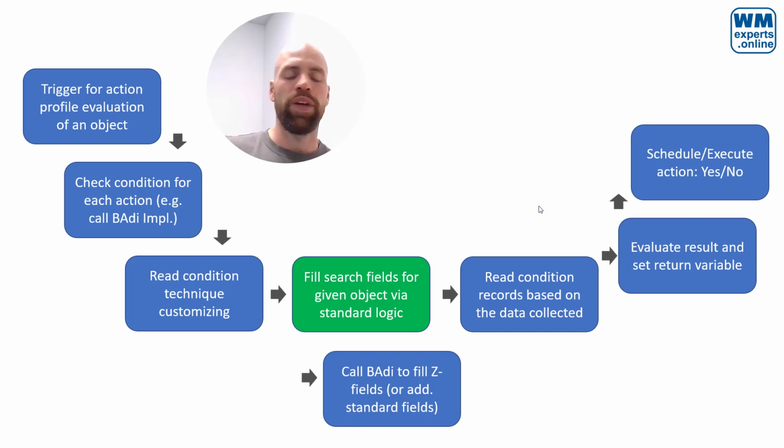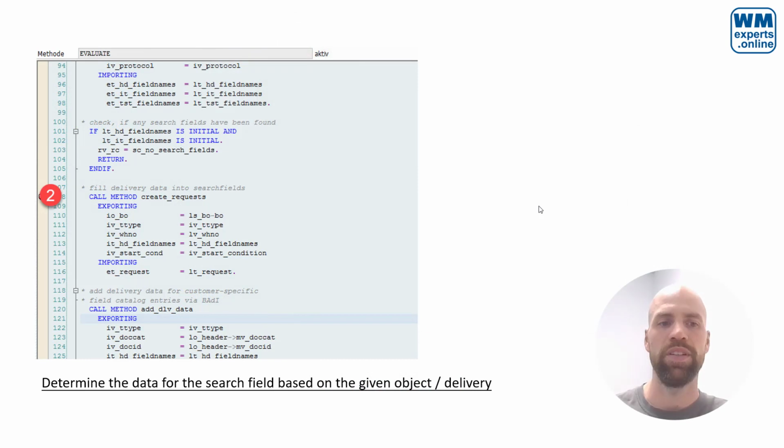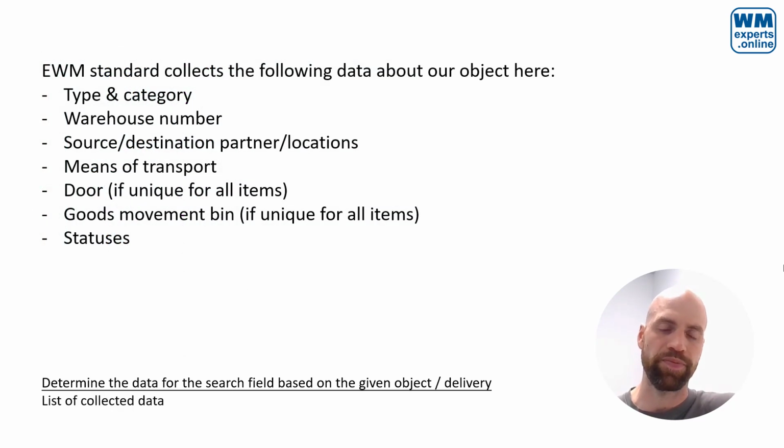And now I need to compare the object with the condition record. So I need to get the information about the object first. And this is all happening in the method create_requests. We determine the data for the fields which are marked as relevant as part of our condition technique customizing.